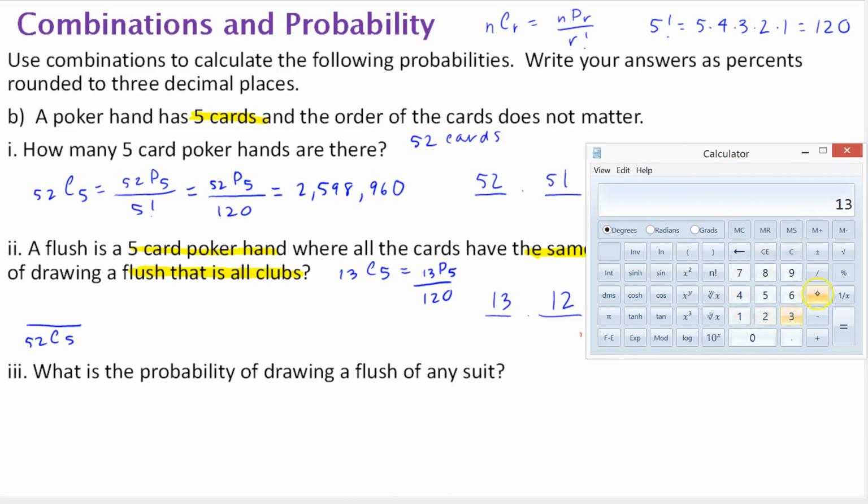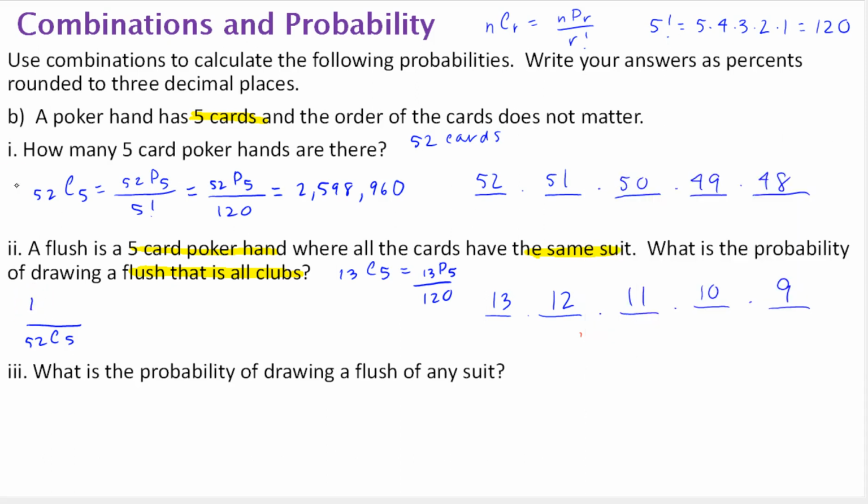So 13 times 12 times 11 times 10 times 9, divided by 120. So there are 1,287 possible hands that are all flushes, all clubs.